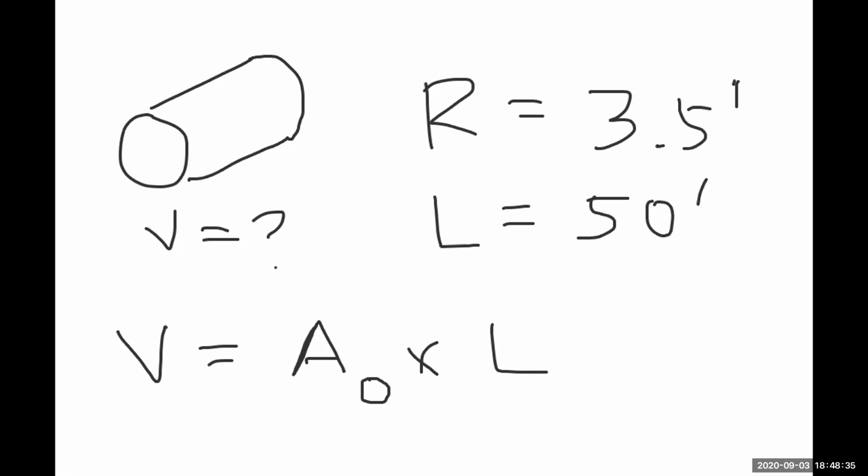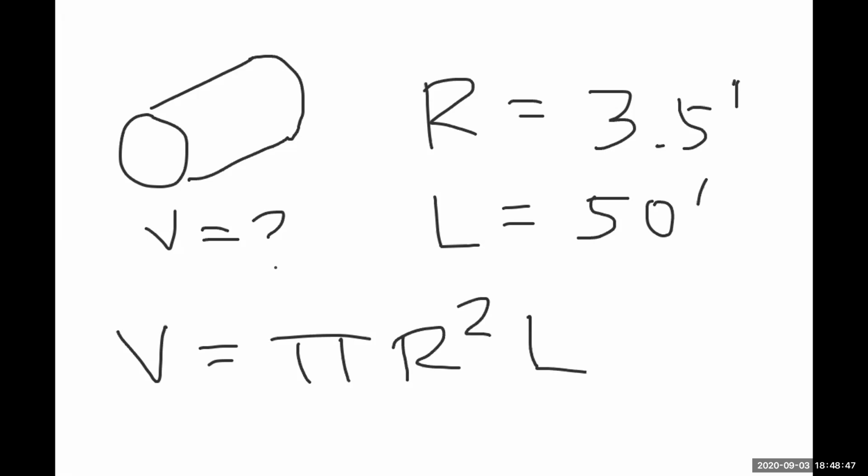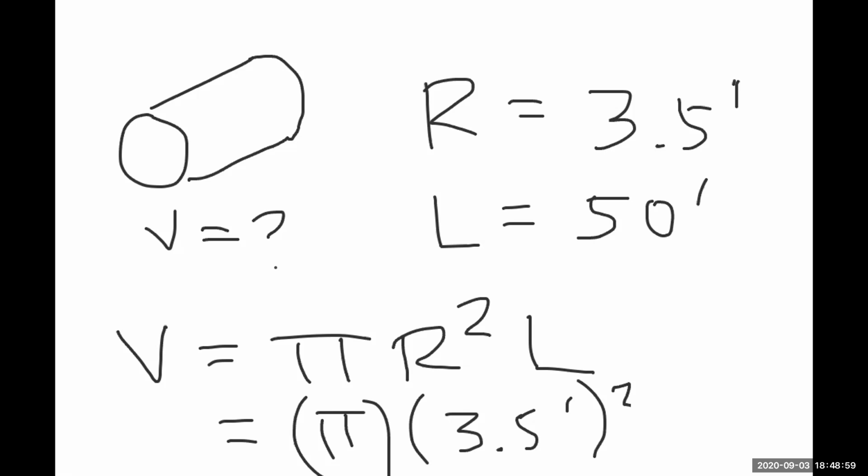So here, if we change the equation to pi r squared, which is area, times length, that means the same thing, okay? So we have pi, and r is 3.5 feet squared times 50 feet, okay?